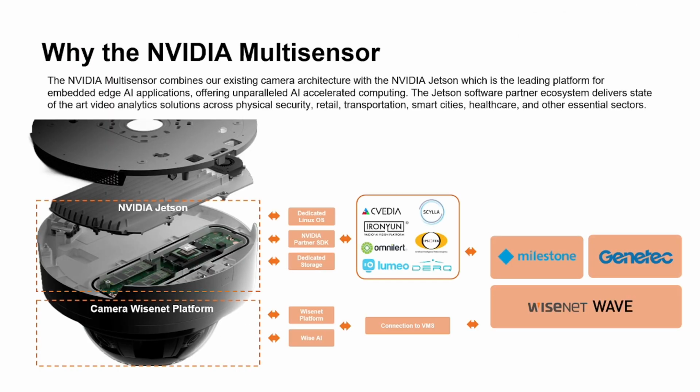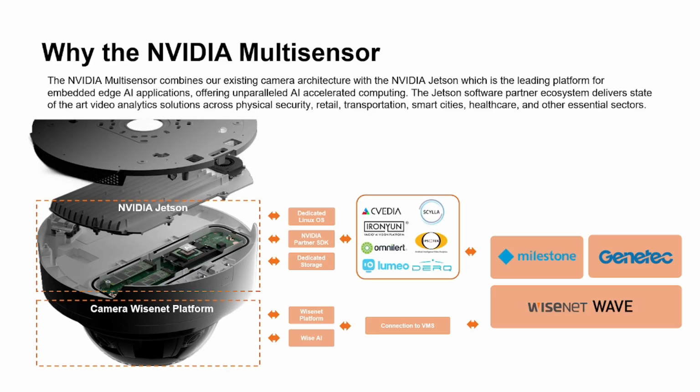So to understand this platform, it is one physical camera, but it is actually two logical different pieces. You have your normal camera that you would log into via the IP and add to whatever partner VMS you're using, whether it's ours or whether it's Milestone or Genetec or any of our other partners out there.